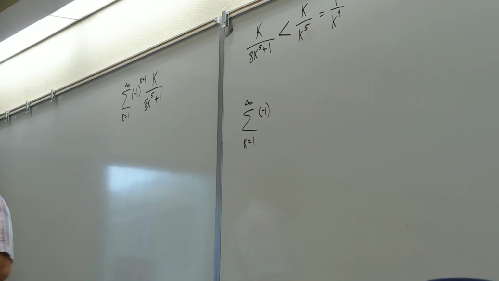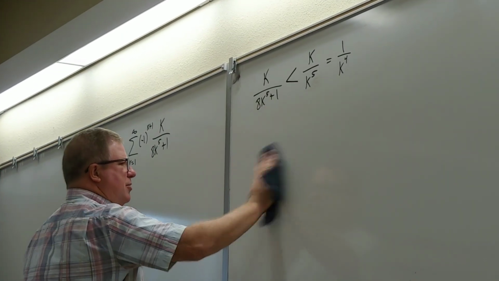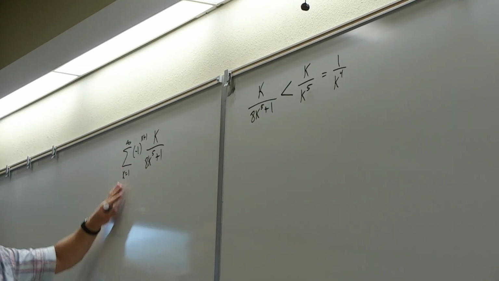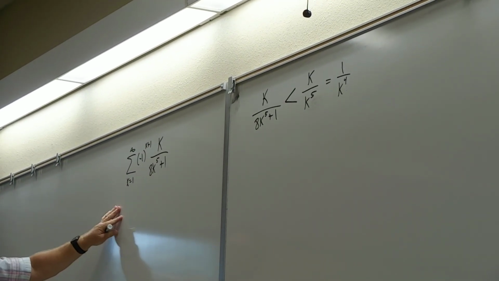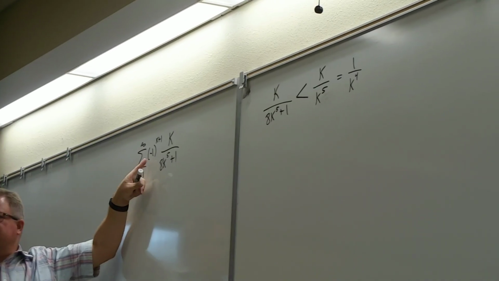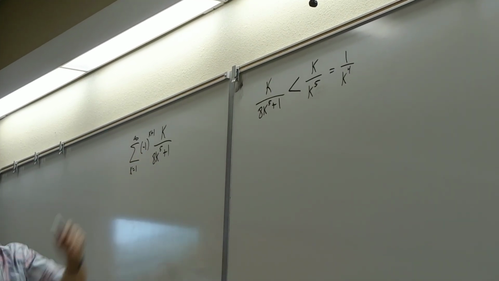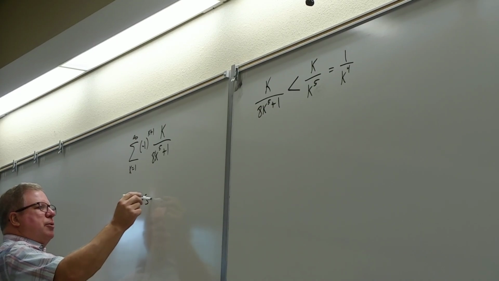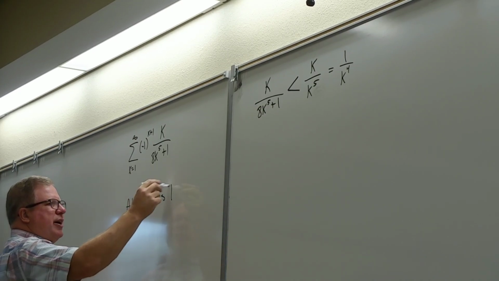I wasn't thinking. This one's alternating, isn't it? We don't have to do that. That was true, and it would prove this converges. There is an easier way. I was not thinking about the alternating part. All right? Alternating series test.